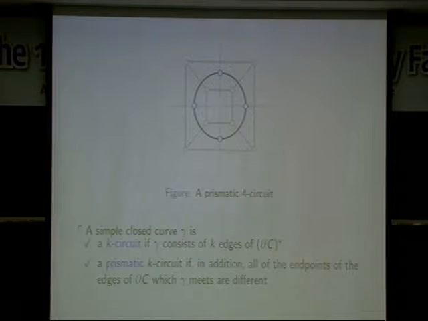So you can see this one is a 4-circuit, right? Furthermore, all the endpoints of edges, this one and that one, another one and this, are different. So this is a prismatic 4-circuit.